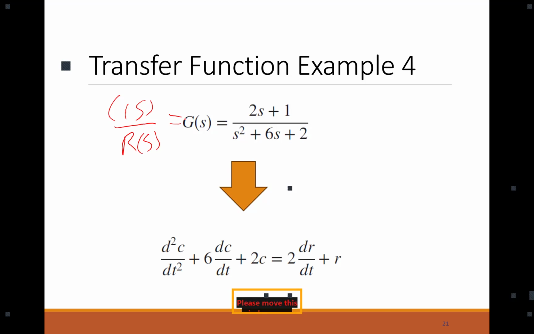If you take the Laplace inverse of that equation, S squared is simply the second order derivative, and S is the first order derivative. Same goes for the other side. So we have our differential equation, found from the transfer function, that relates the output and input. Are we good? Any question so far?